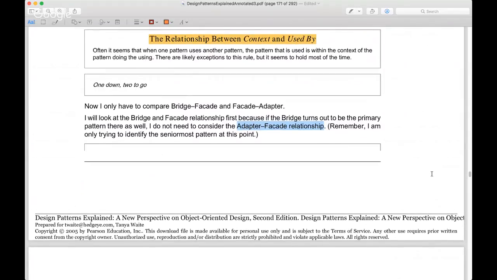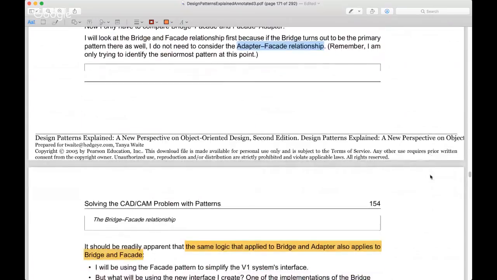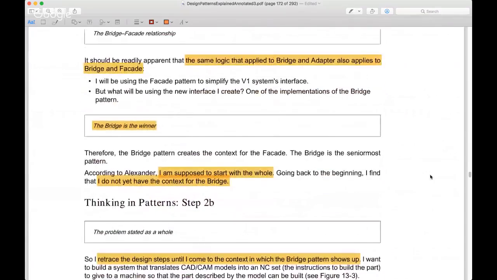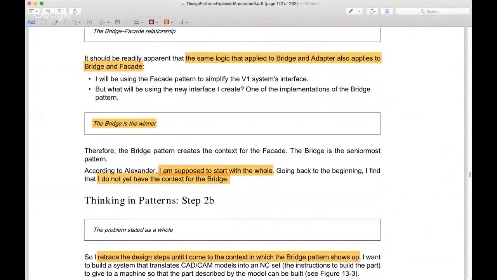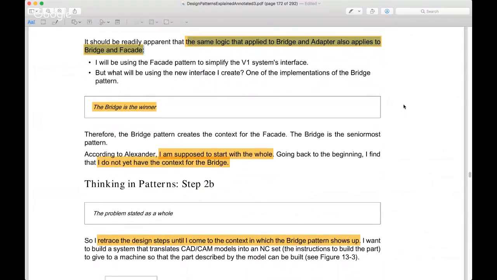He's only worried about senior-most now. So here we go. It was obvious to him, and I agreed when I looked at it, that the same logic that applies to the bridge and adapter also applies to the bridge and facade. So it's the same outcome. The bridge is the winner.